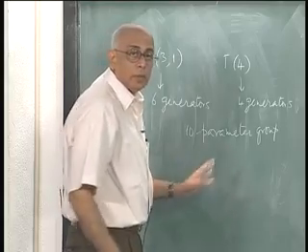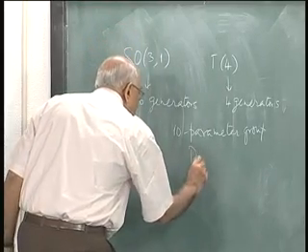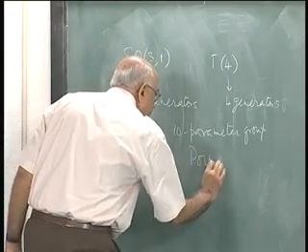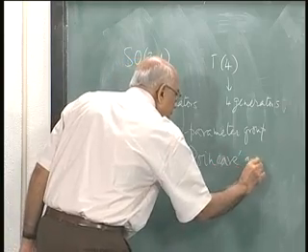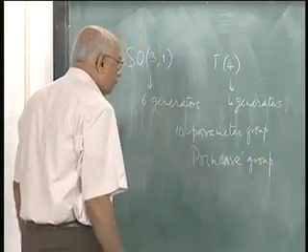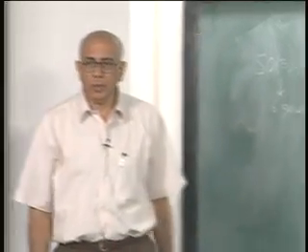This 10 parameter group is called the Poincare group, or the inhomogeneous Lorentz group. And this postulate of the principle of relativity essentially says that the laws of physics are form invariant under transformations belonging to the Poincare group.